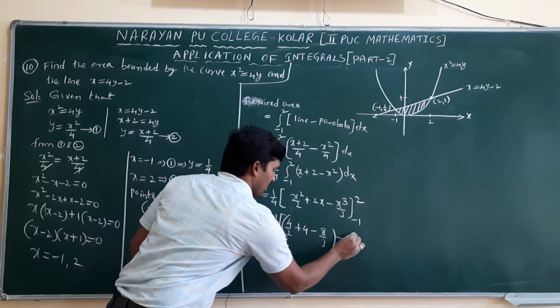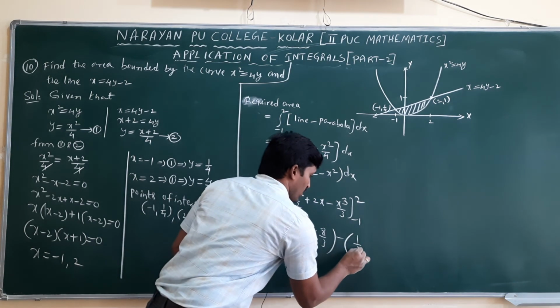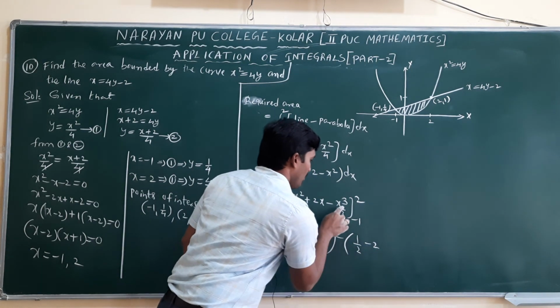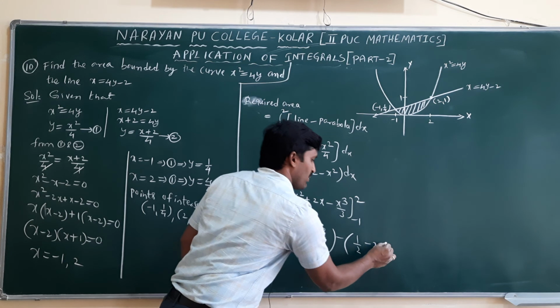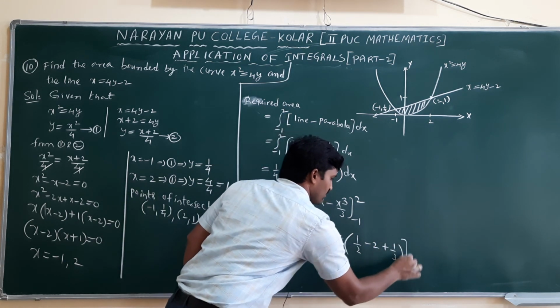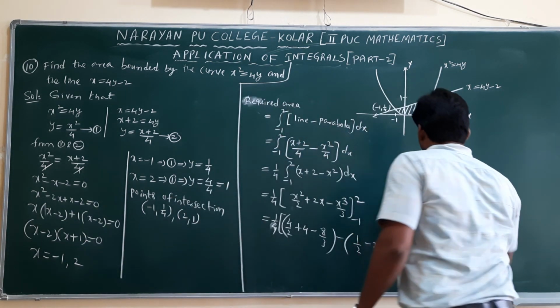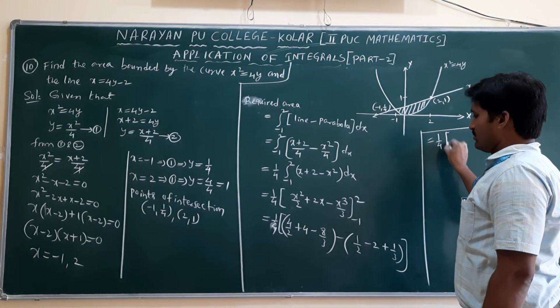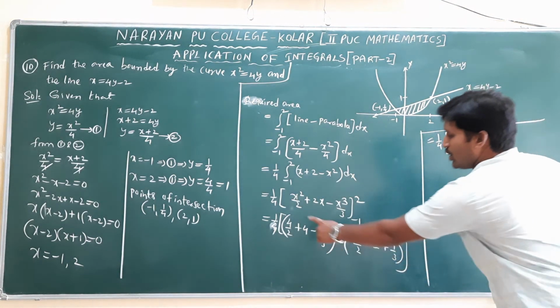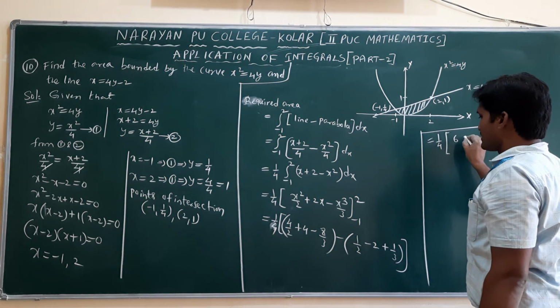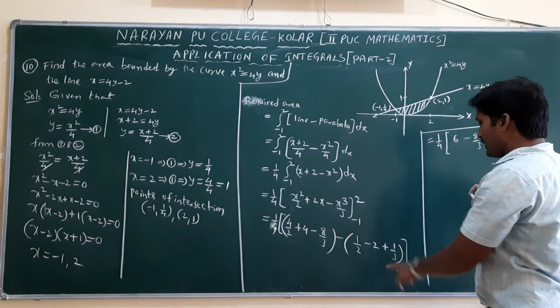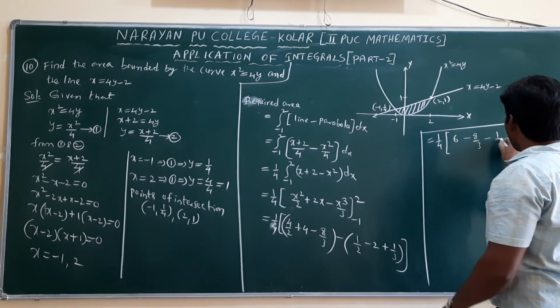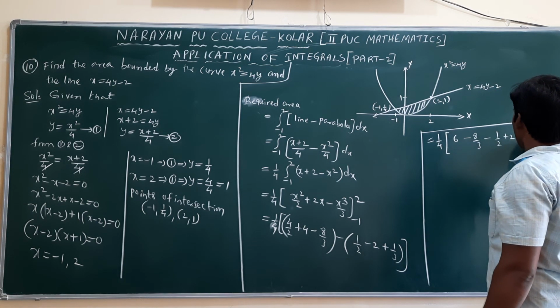Minus the lower limit: minus 1 whole square by 2, minus 2, minus 1 whole cube, minus of minus, plus 1 by 3. I'll simplify the remaining part: 1 by 4 into 4 by 2, that is 2, plus 4, that is 6, minus 8 by 3 minus 1 by 2 plus 2 minus 1 by 3.